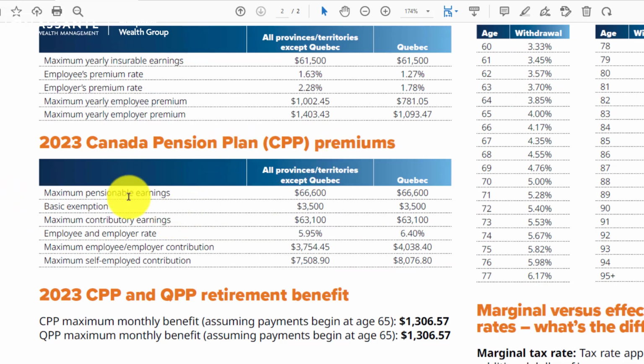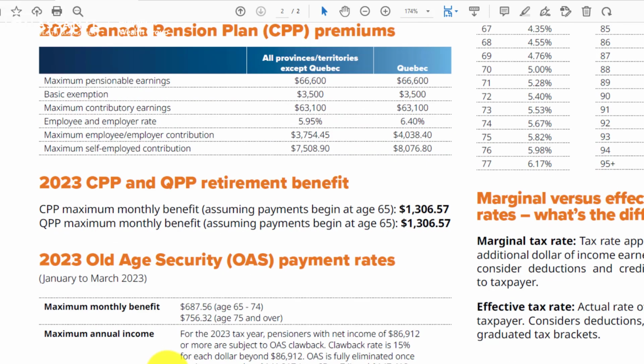So the maximum pensionable earnings number for this year is $66,600. Once you get earned income above that, you're not making contributions to CPP anymore. The contribution rates are 5.95% off payroll, matched by your employer. If you look at the 2023 CPP retirement benefit, at age 65, the maximum benefit is $1,306.57.